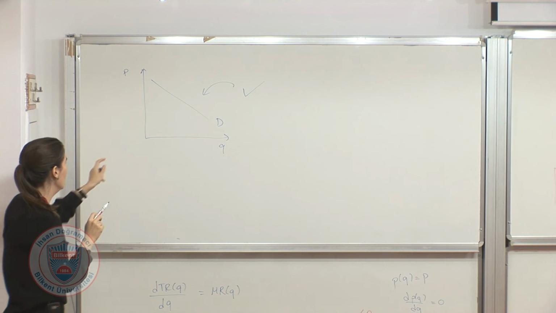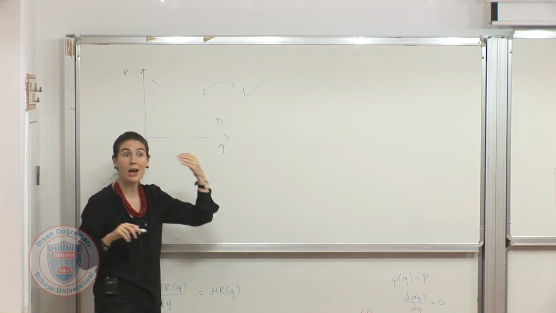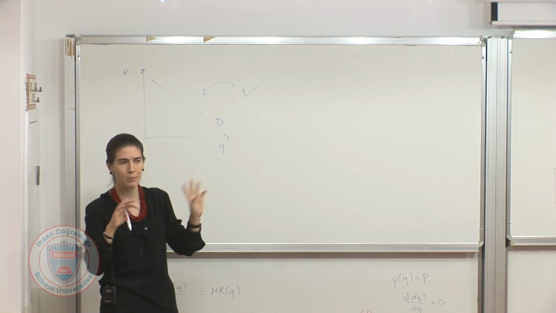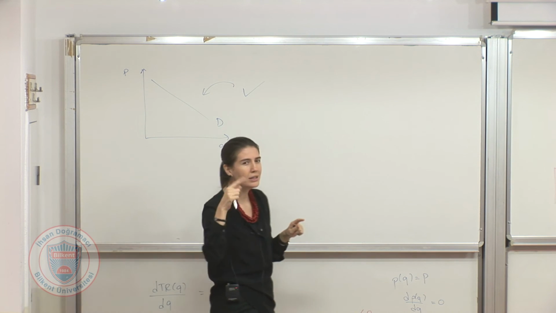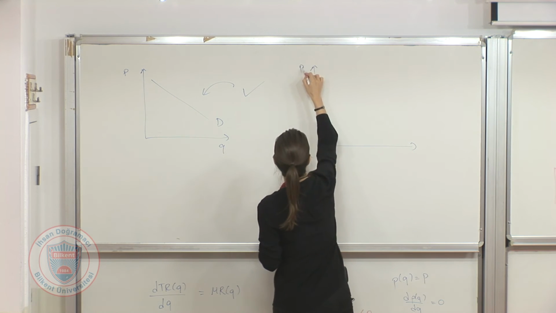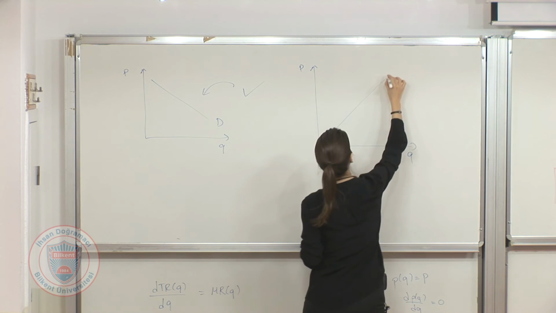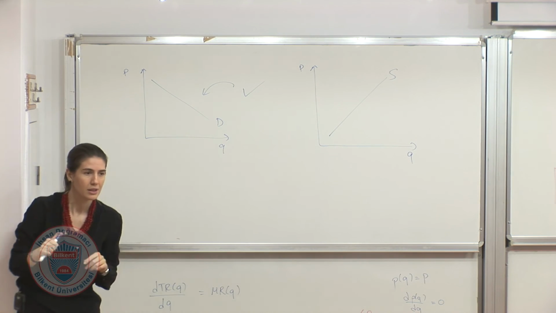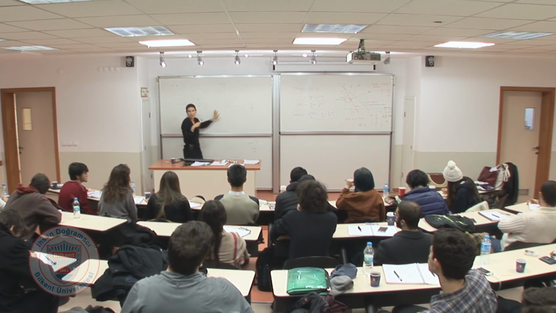Now we know where this comes from, why it's downward sloping, under what conditions it won't be downward sloping, and such. And then my other promise to you was to actually explain where the supply curve was coming from, okay? So where the supply curve is coming from, right?